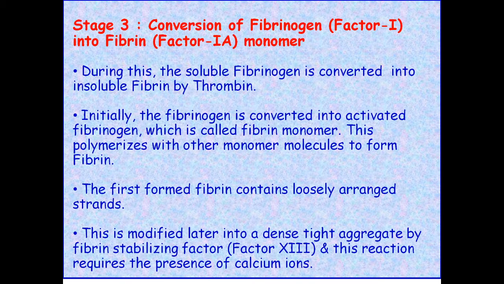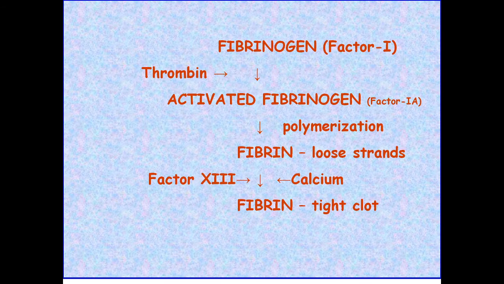And this polymerizes with other monomer molecules to form the fibrin. The first-formed fibrin contains loosely arranged strands, and this is modified later into a dense tight aggregate by fibrin stabilizing factor, that is factor 13, and this reaction requires the presence of calcium ion.